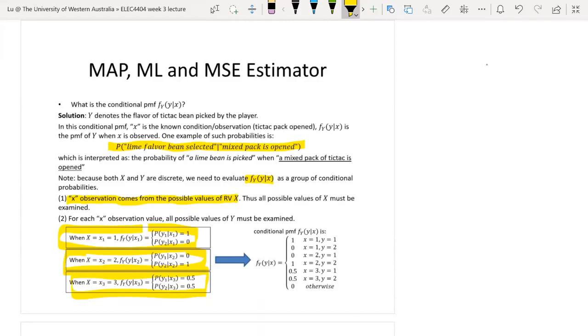I think this part is pretty easy, but after you finish all this calculation, we need to summarize all these things together. This conditional PMF mathematical formula or expression is showing us this summarized result. When x1 is 1, y is 1, so this means the green box, and pick up the lime flavor.